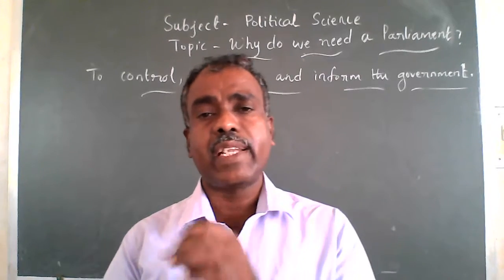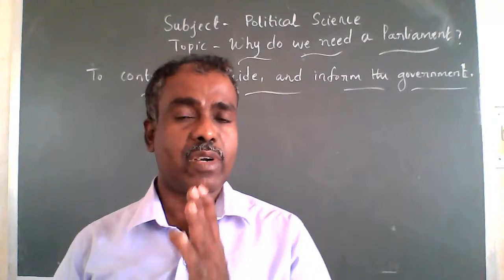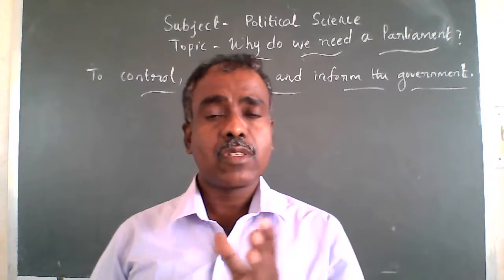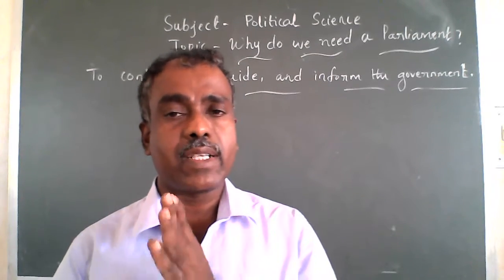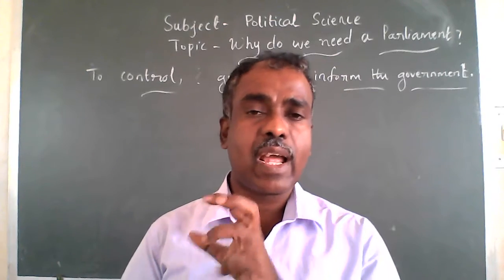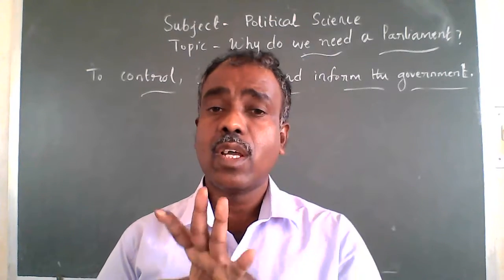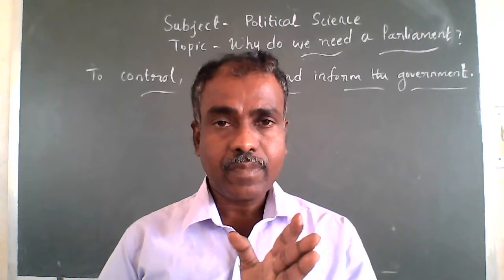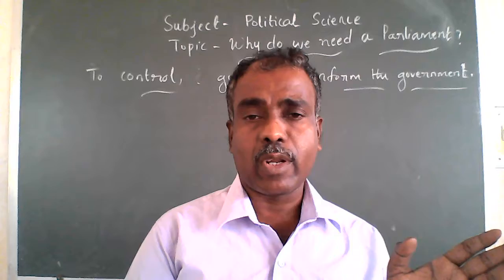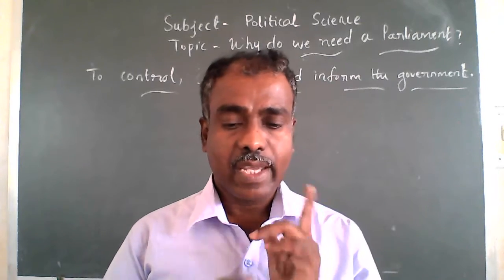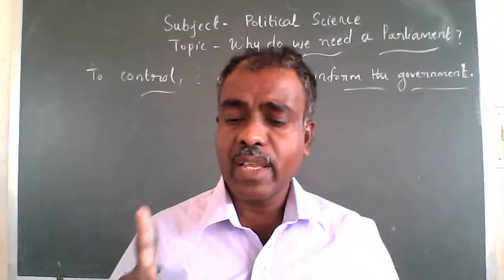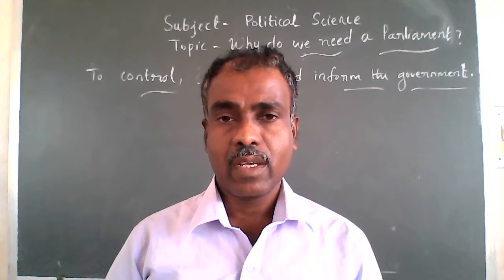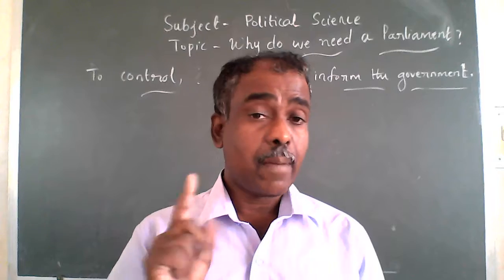If they want any explanation, details, or other information, the respective department ministers, those who are handling those portfolios, must answer. Even if they fail, others can answer on behalf of the government. See, this is a very important way through which the parliament controls the executive body, because they are questioning and the government must answer.